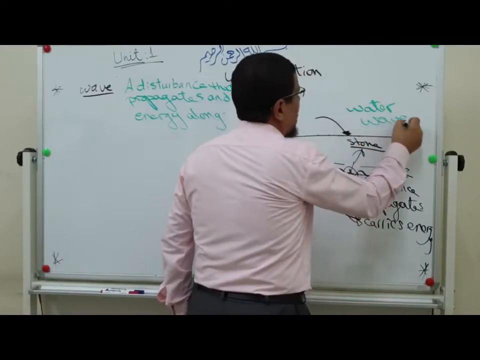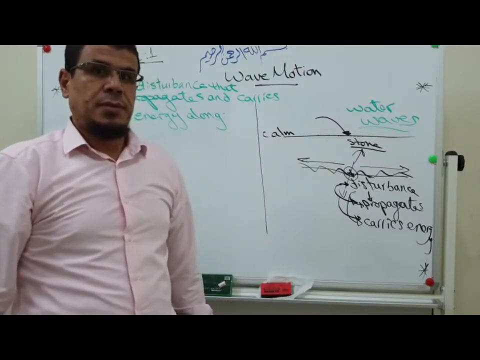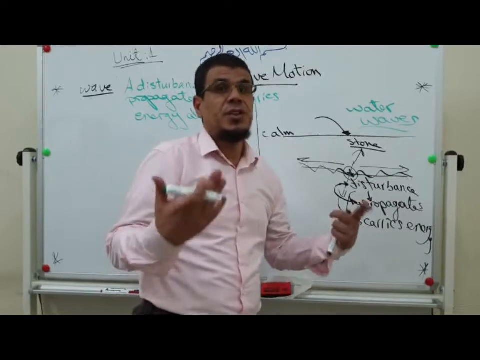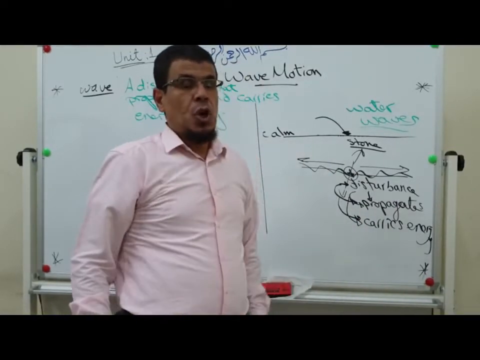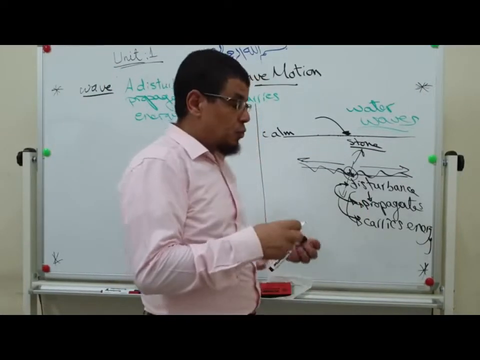We have many types of waves, many examples of waves. We have water waves, sound waves, light waves, radio waves, microwaves, and many more. All of these waves can be classified into two types.